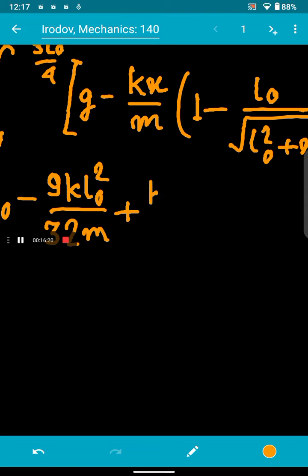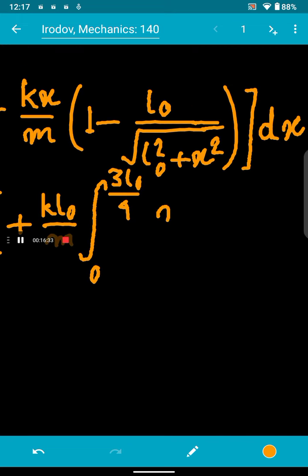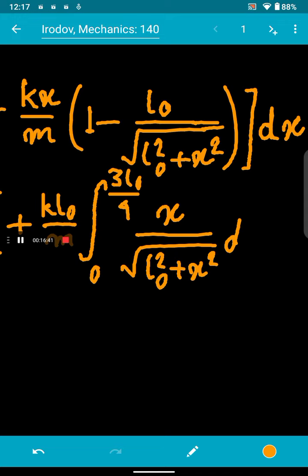KL0 by m, this is 0, 3L0 by 4, and here we'll have x divided by, this is basically our integration which we have to do into dx.